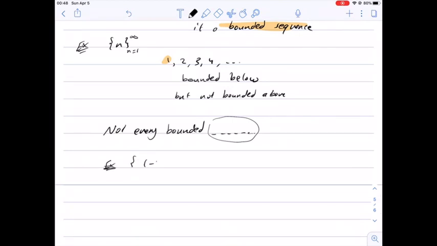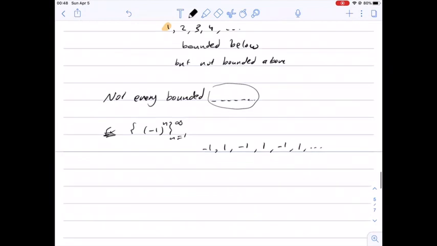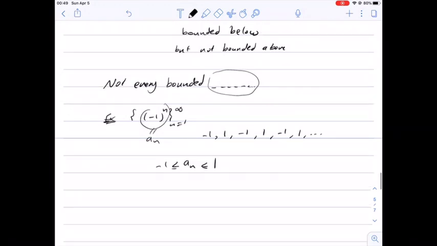So if we take the following example, if we have a sequence -1 to the n, where n from 1 to infinity, we find that the elements are -1, 1, -1, 1, -1, 1, etc. So this is an alternating sequence, and the a sub n is between -1 and 1. So it's bounded. This is a bounded sequence.